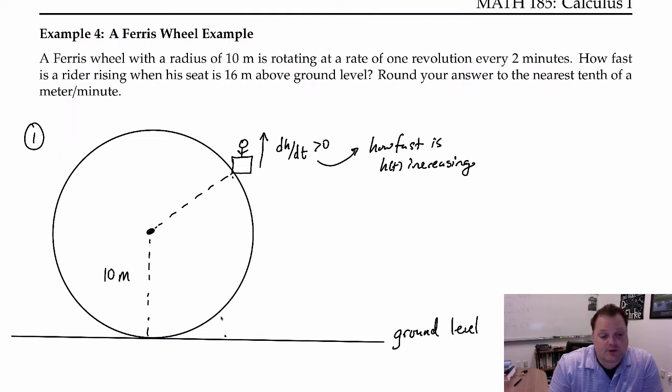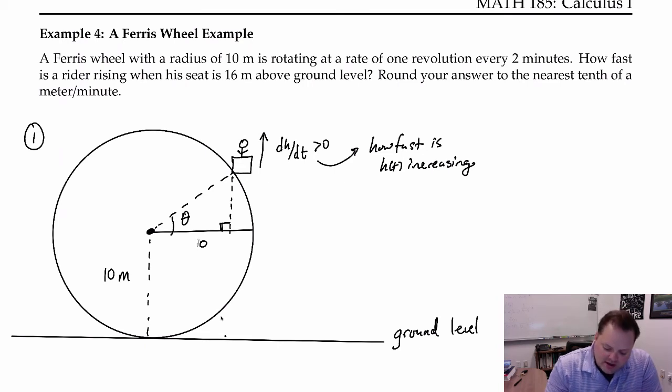And this is what's difficult about this problem, getting it set up in a way that makes the problem easy. We know that that length is 10. We know that whenever this is at a height of 16, that's going to form a right triangle. And we know all about right triangles inside of circles. That's what all of trig is about.